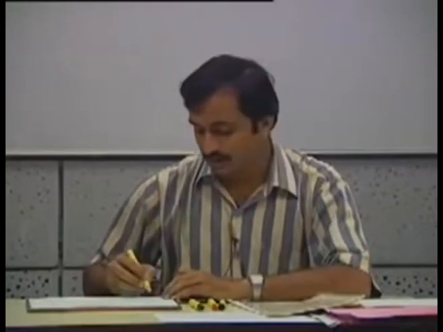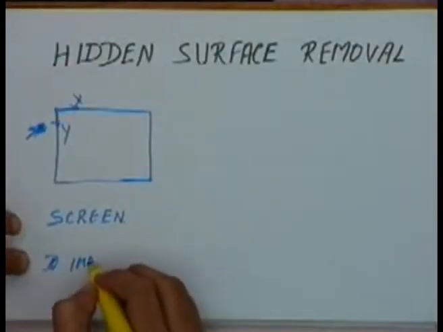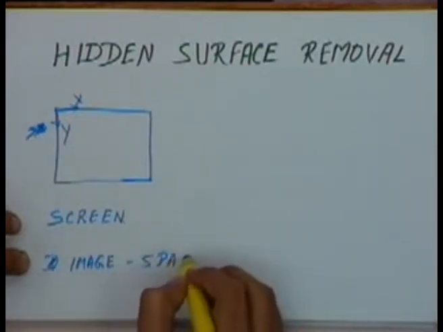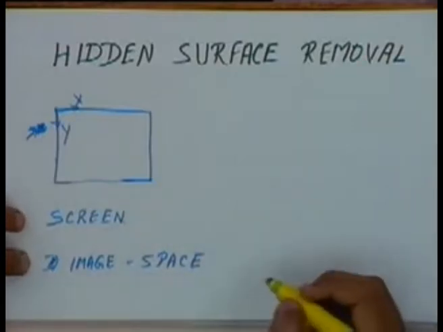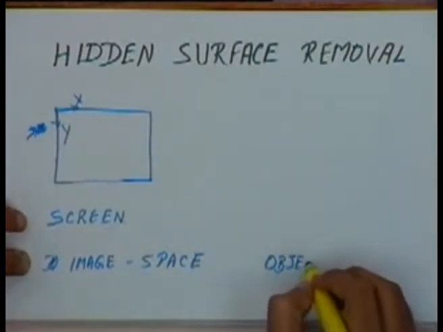One type of algorithm consists of those algorithms which operate in what are called the device coordinates or the image coordinates, or they operate in image space. The other operates in what is called object space.